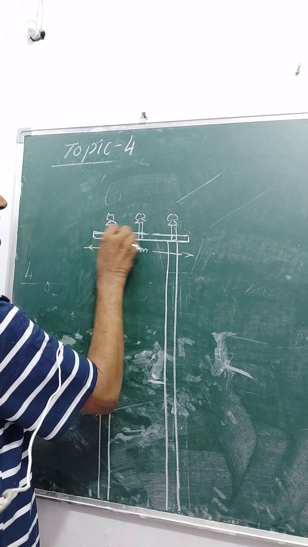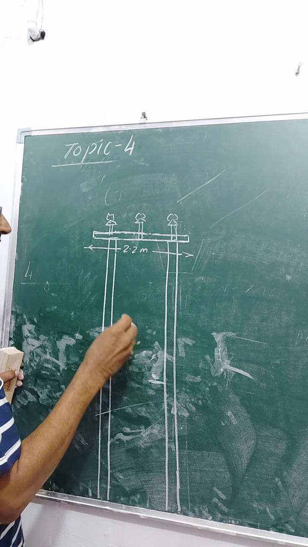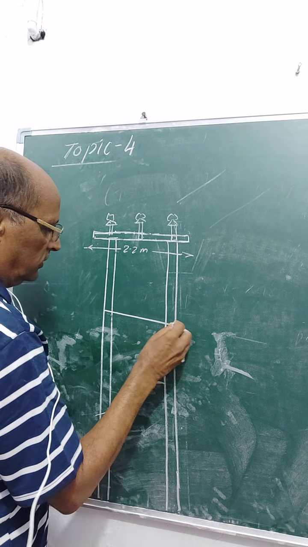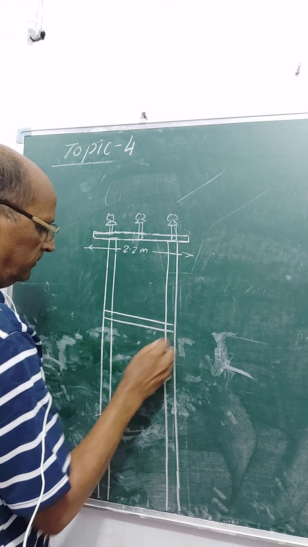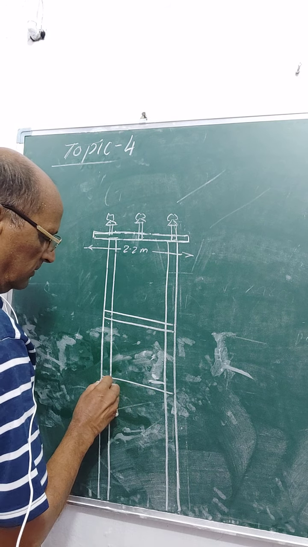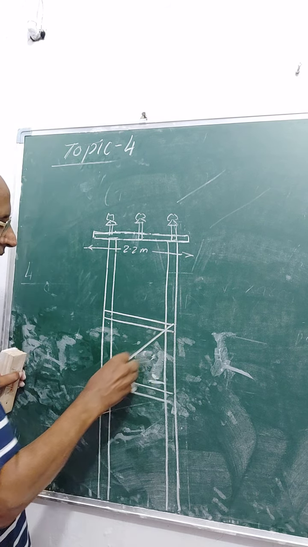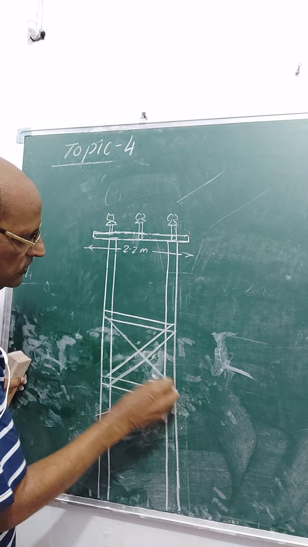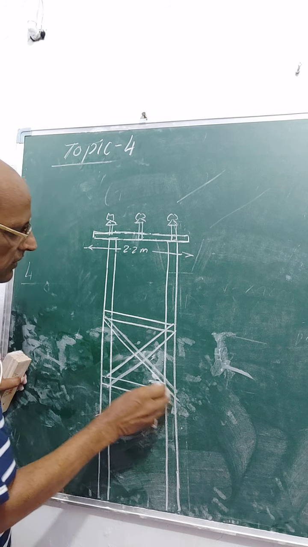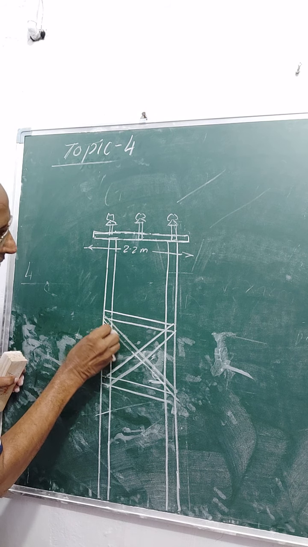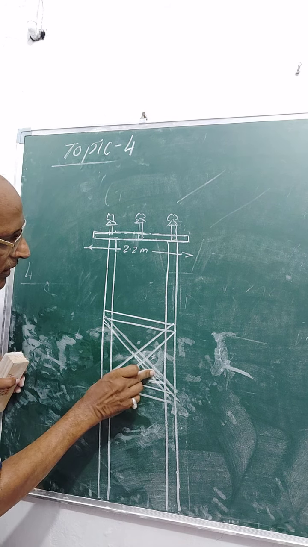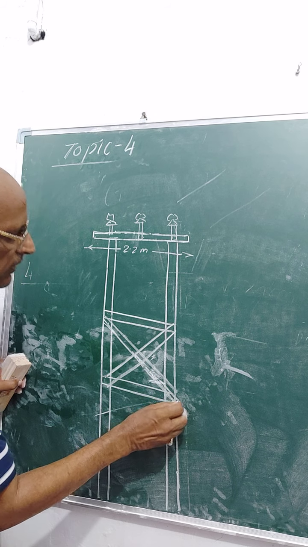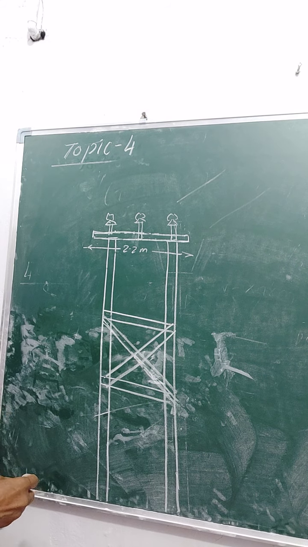They are supported on it, and here we put the cross bracings. So the cross bracing is provided on the H-pole structure, which is provided after each 1.6 kilometer distance.